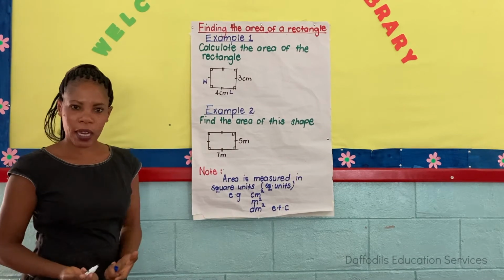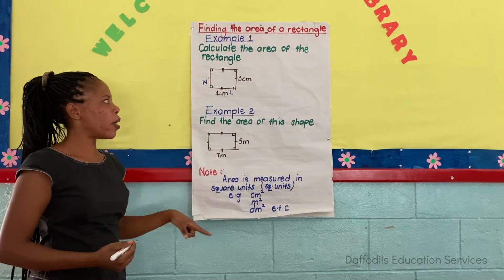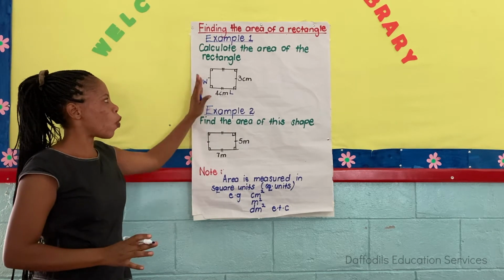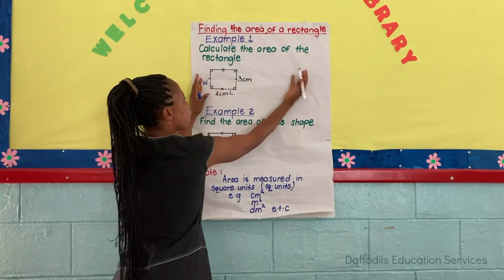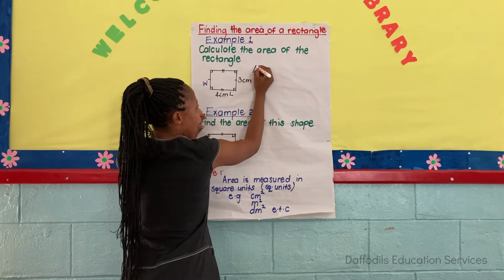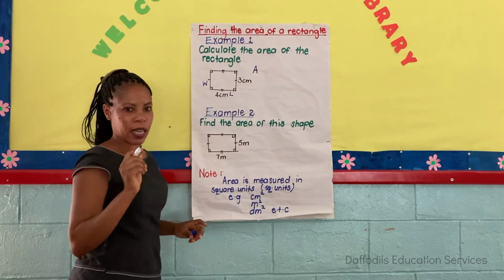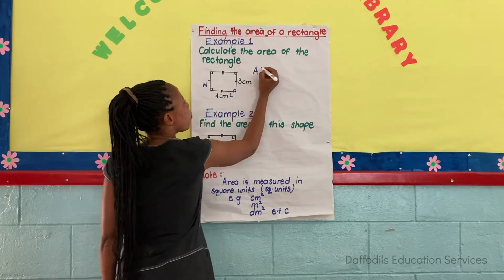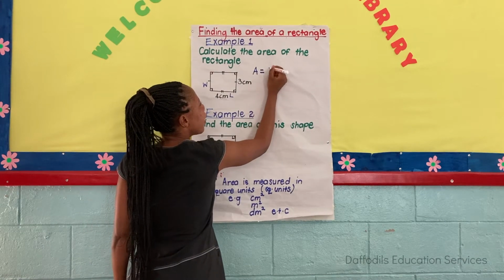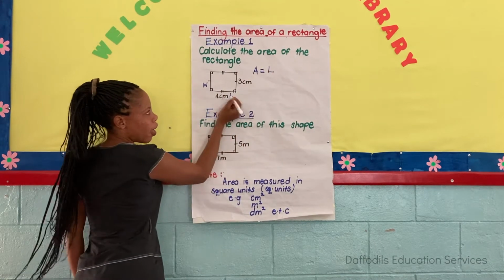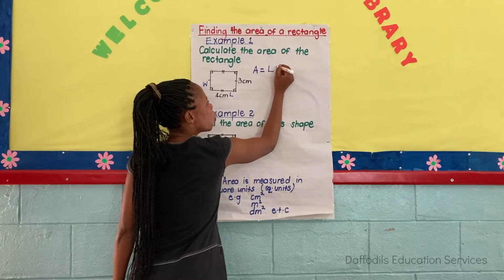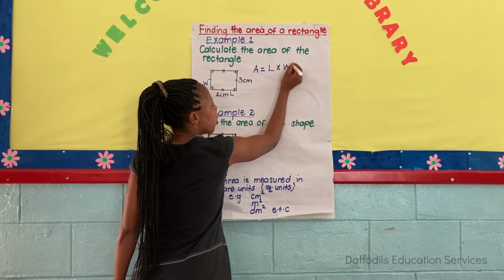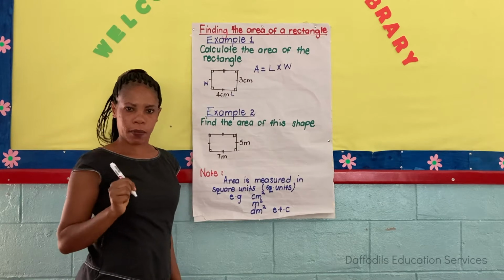One, how do we find area of a rectangle when we are calculating? In this case, we are going to say, using our formula, A, which stands for area, but we are writing it in short form, is given by the length, the longer side, multiplied by the shorter side, which is the width.